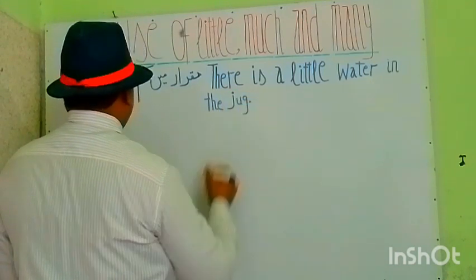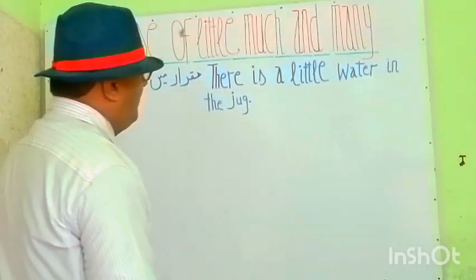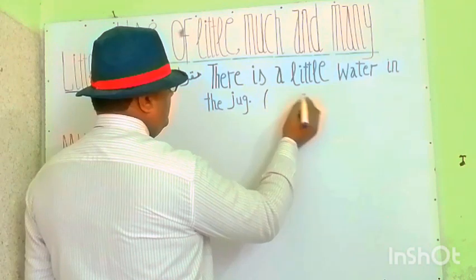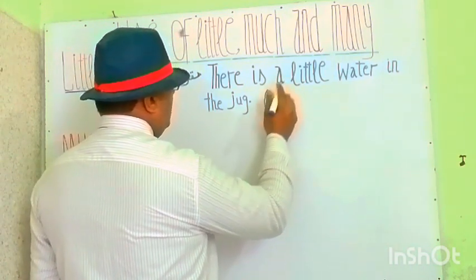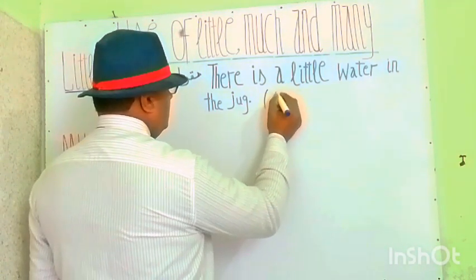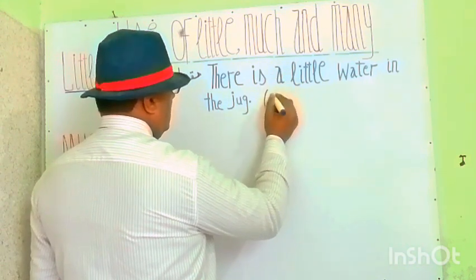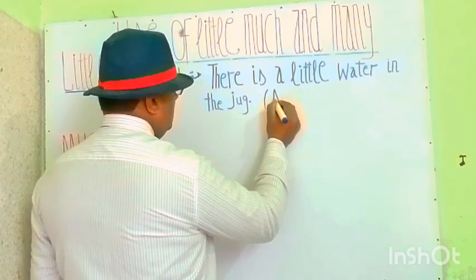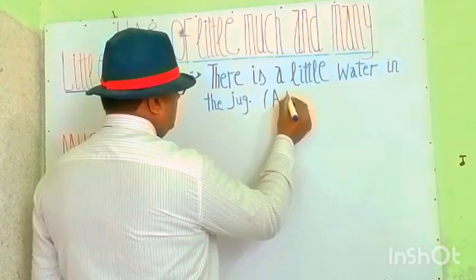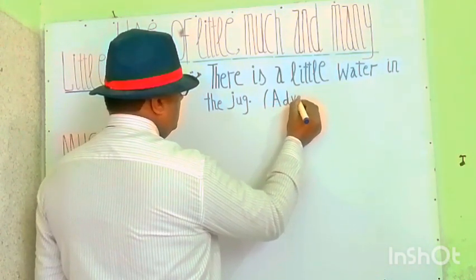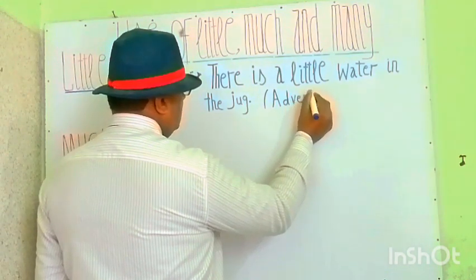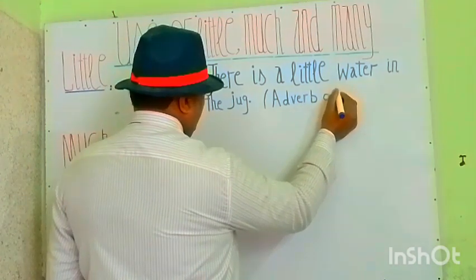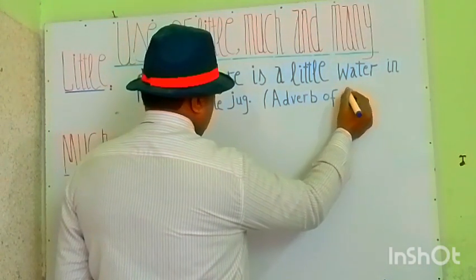So little is an adverb of quantity. ये मिकदार को जाहिर करता है. एडवर्ब ऑफ क्वांटिटी. क्वांटिटी मिकदार को कहते हैं.